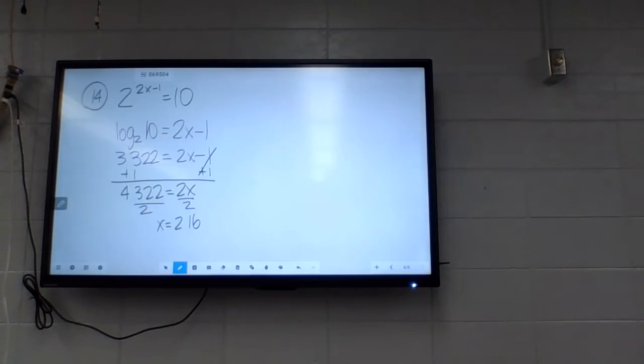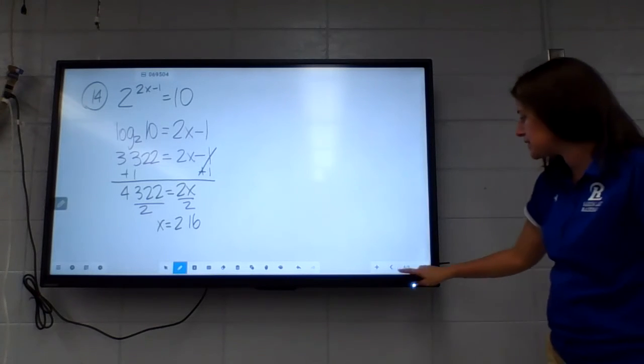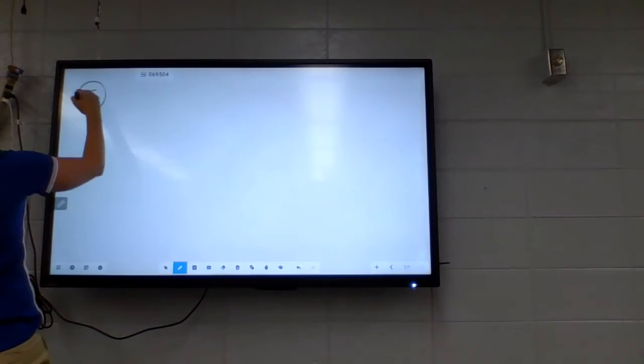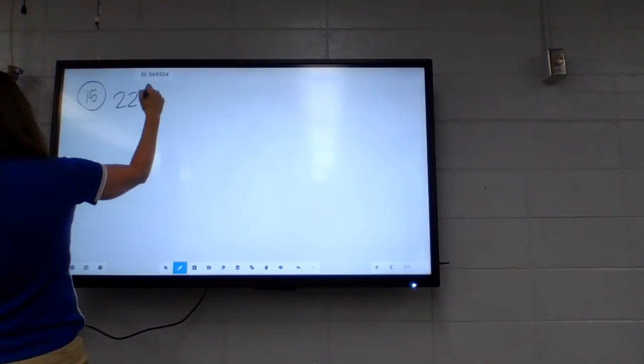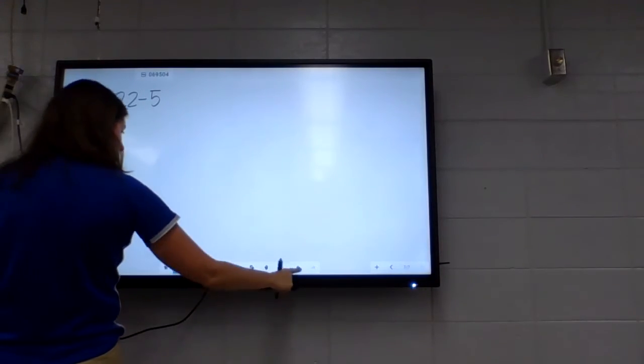Alright, and then number 15, again, they want to use chunking there. So like I guess on this one, I wouldn't have used chunking. I don't really know where the chunking would be involved there, but in number 15, minus 3.